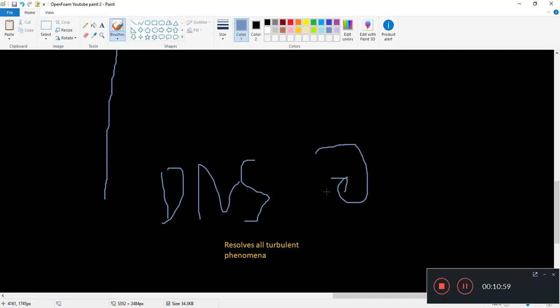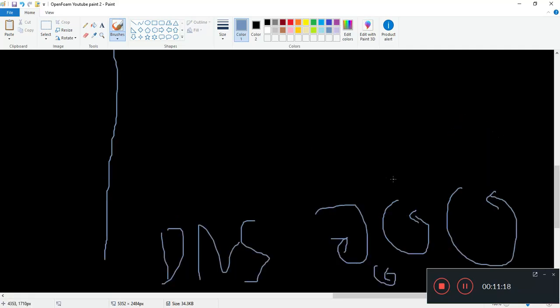What turbulent phenomena may look like is a lot of vortices, and the velocity is changing a lot. So you have lots of eddy flows, some big, some small, some very big. And DNS will resolve all of them.